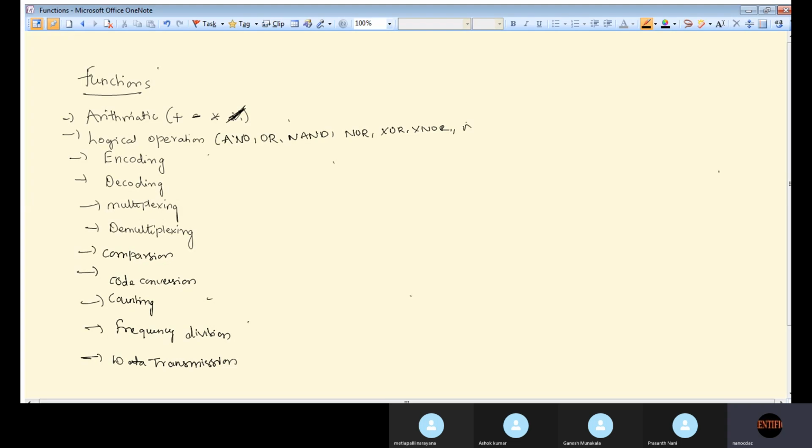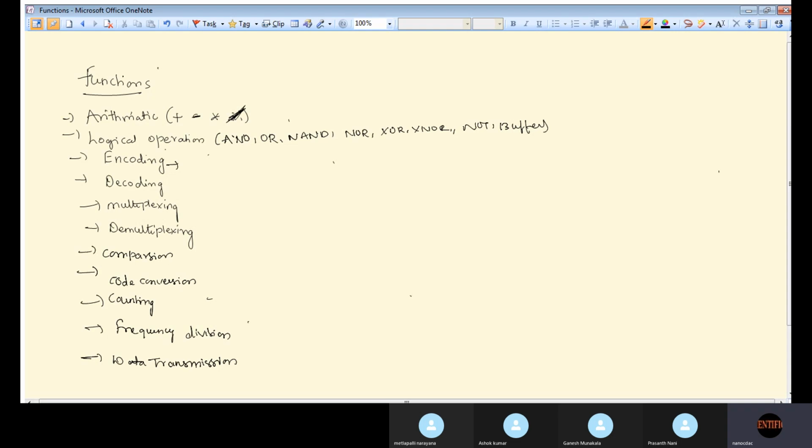NOT means inverter. Next is buffer. These are the different types of logical operations. Using these gates, you can build big logical operations also, like a 3 input AND gate or a 4 input one. Any logic equation you can implement using these gates. These all come under logical operations only.